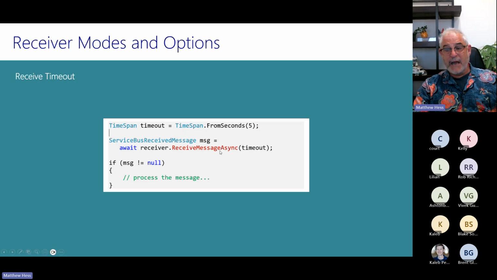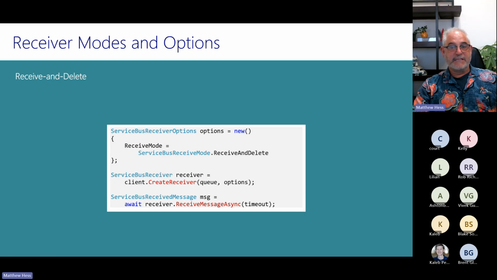And in my experience, 60 seconds is a very long time for your app to be awaiting. So you can just configure it. You create a time span. So here you have a message receiver that only waits 5 seconds, right? And then you always check to see if you got something back and then process it. So that's a very important detail to think about: your receive timeout.